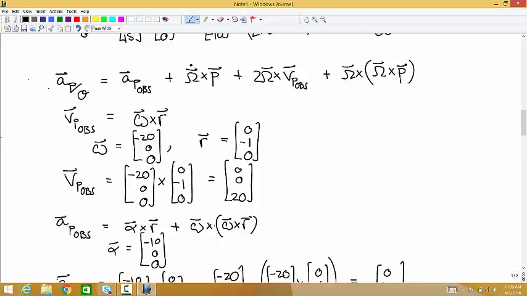But these other three terms are corrections that come from the fact that what we observed in that coordinate system isn't the actual thing, because that coordinate system is rotating.